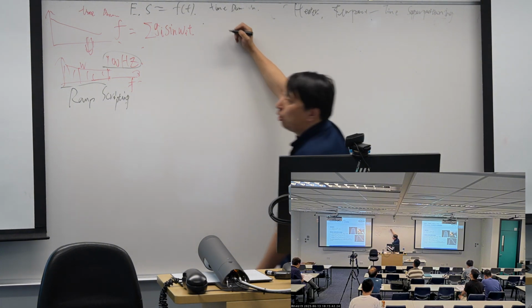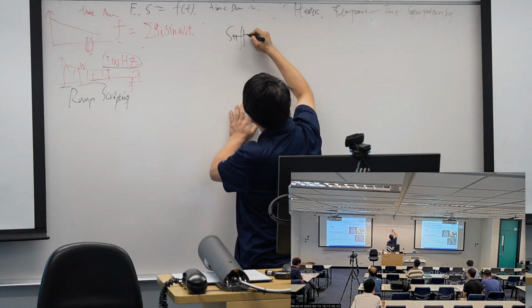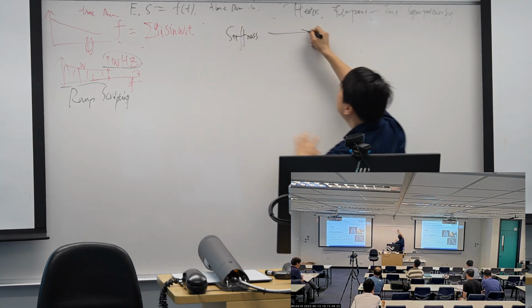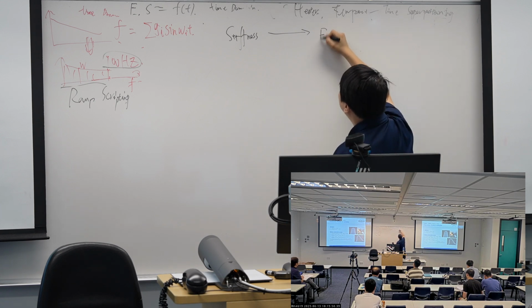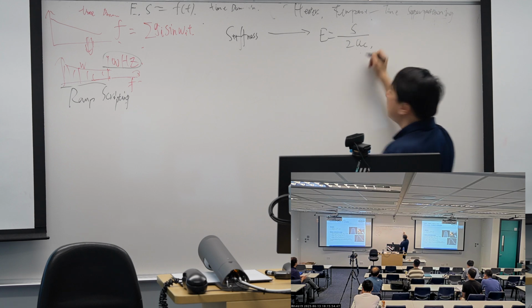So the total idea is we get the stiffness out. And once we want the modulus, it is the stiffness divided by 2Ac.